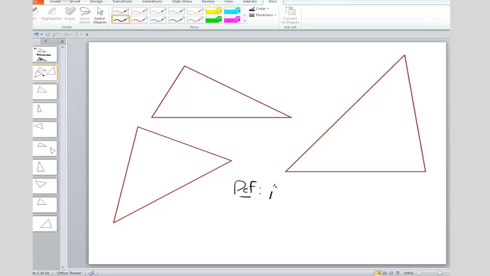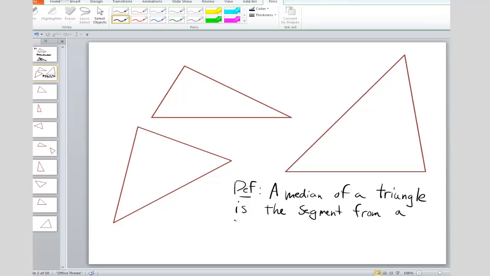So a median of a triangle is the segment from a vertex to the midpoint of the opposite side.